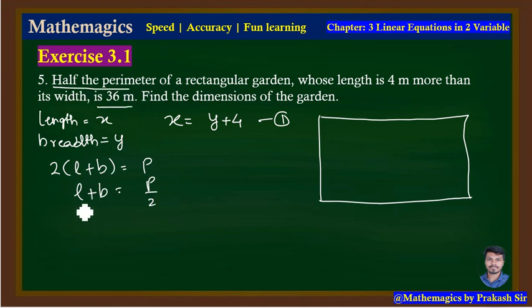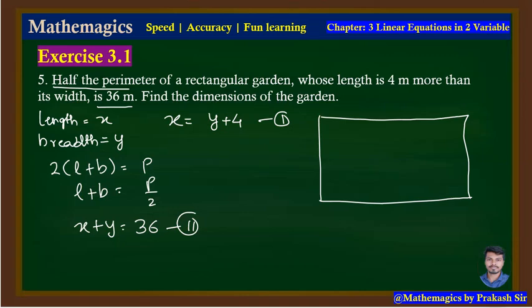So according to the question, length is x, breadth is y, and half of the perimeter is equal to 36. So dear friends, we are having the two equations, and with the help of these we can calculate the length. You can take both the equations and solve them with the help of graphical solutions.